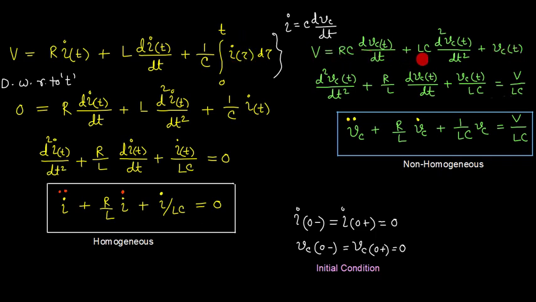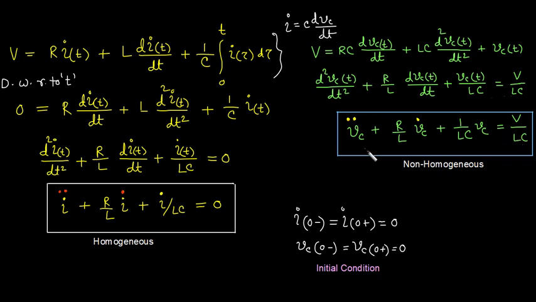Now it becomes a second order differential equation of Vc. Dividing the entire equation by LC, we have d2Vc(t)/dt2 plus R by L dVc(t)/dt plus Vc(t) by LC equal to V by LC. It can also be written in the similar format: Vc double dot plus R by L Vc dot plus 1 upon LC Vc, that is equal to V by LC.